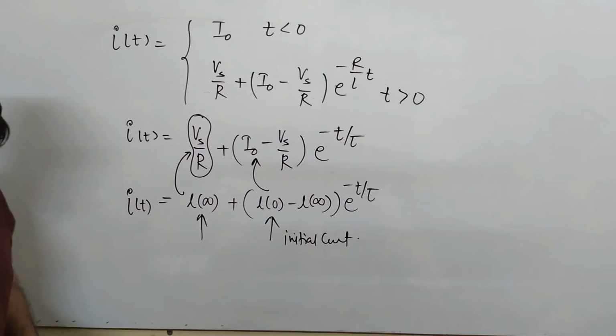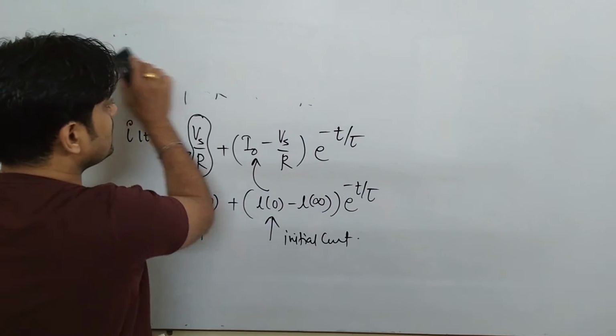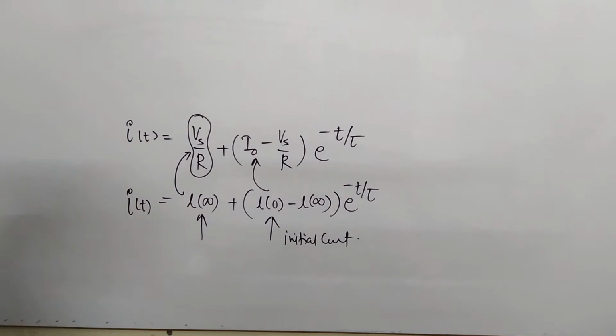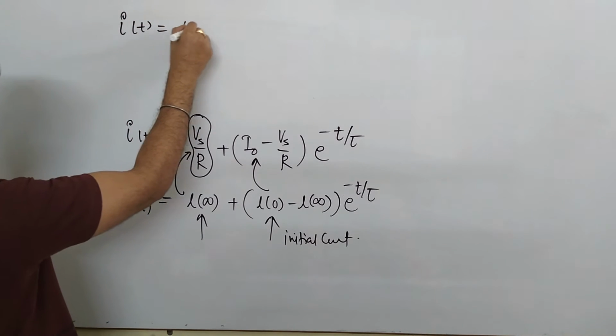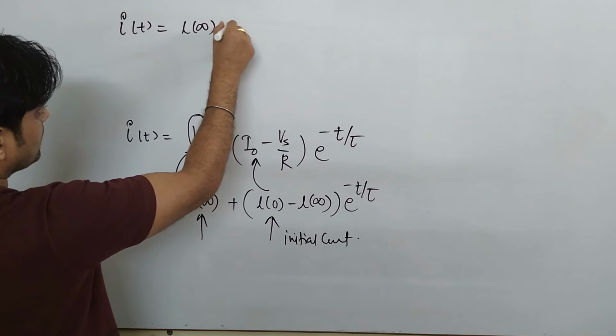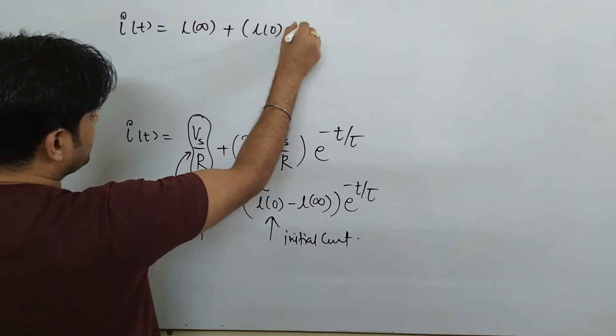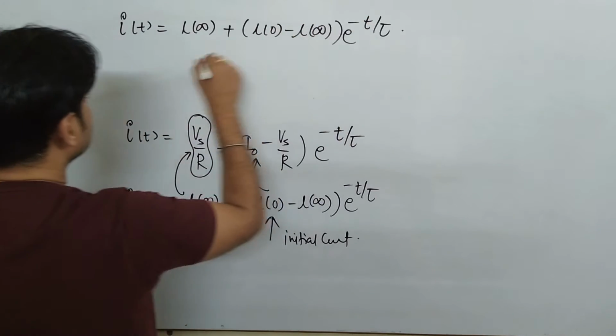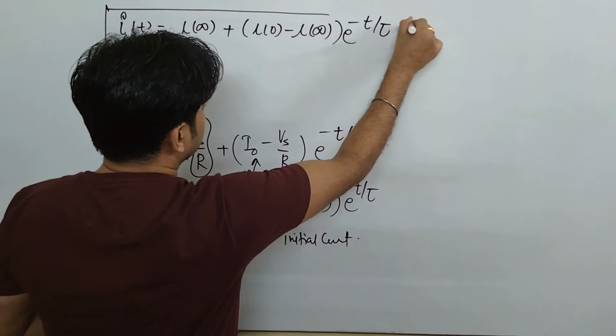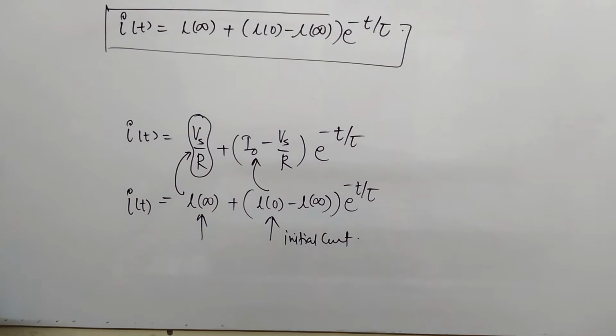So from here the very important solution which is applicable while solving the problem is I(t) is equal to I infinite plus (I0 minus I infinite) e to the power minus t by tau. This is very important, and we will see, yes, this is largely applicable while solving the networks problem. Okay.